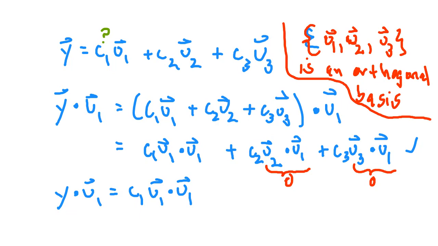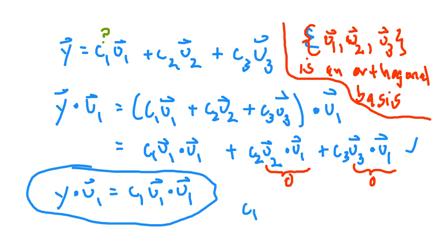So this means then that you can solve this equation for C1. And so C1 will equal the dot product of y with U1 over the dot product or inner product of U1 with itself.